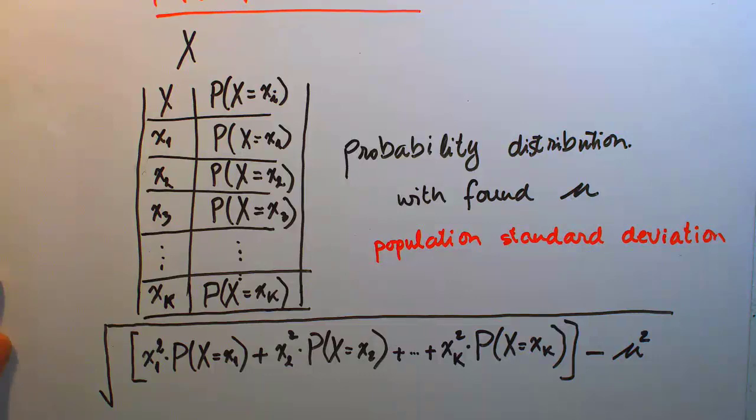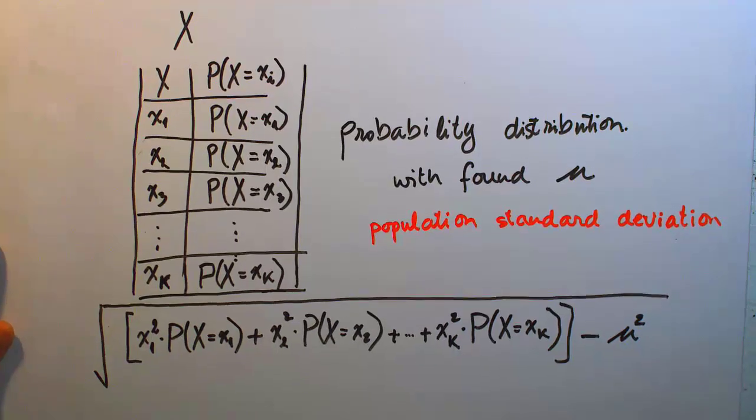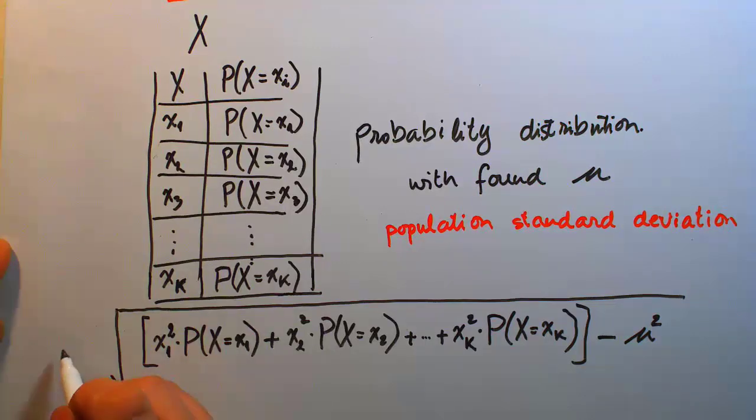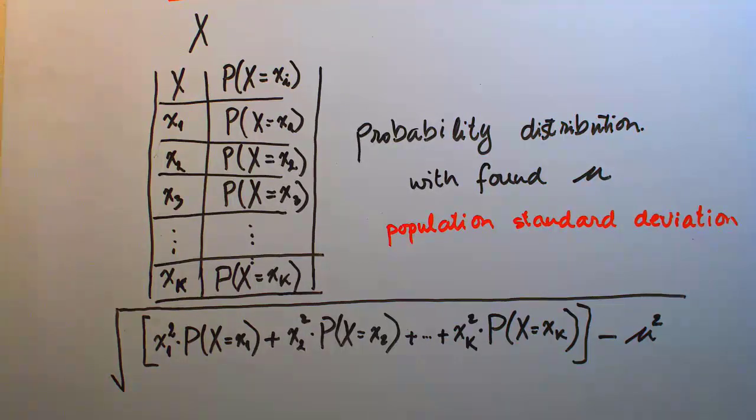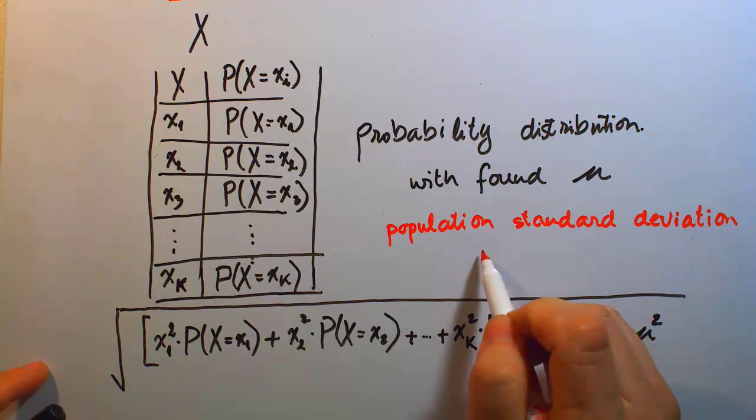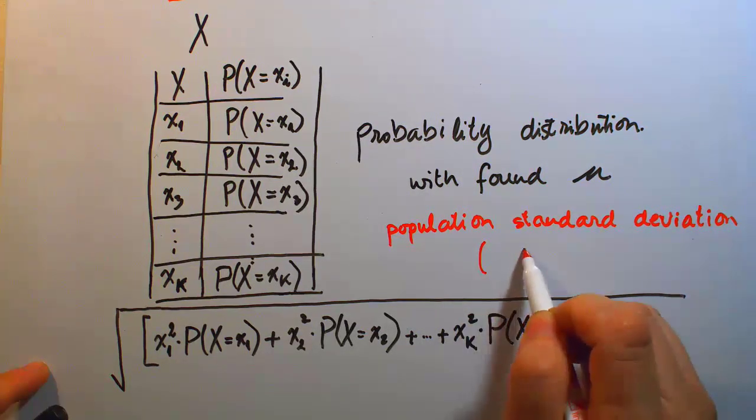So that complete formula right here is the way we find our population standard deviation. In population standard deviation, we use a symbol sigma.